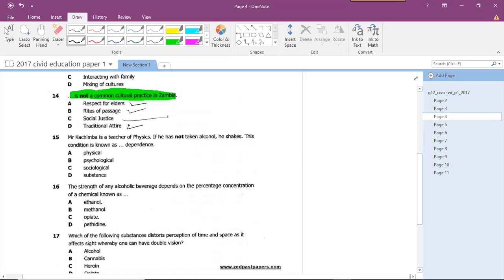Social justice, on the other hand, is not a common cultural practice, I would say, because certain cultures promote things like early marriages, so there is no social justice as such. So I would say the answer here is social justice. I don't see that much social justice taking place in our cultures.